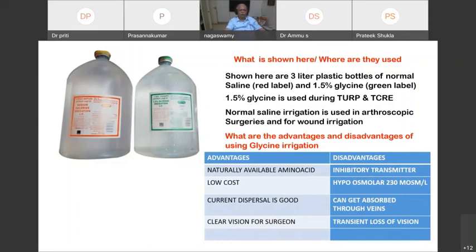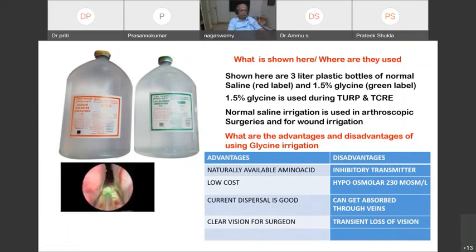So advantages are a naturally available amino acid, lower cost, good current dispersal, and clear vision for the surgeon. Whereas disadvantages are that it is an inhibitory transmitter, hypoosmolar, and absorbed through the veins. Transient vision loss is one of the important complications of glycine irrigation.